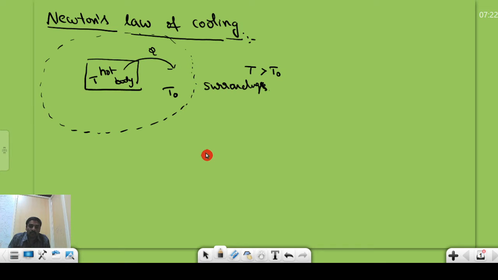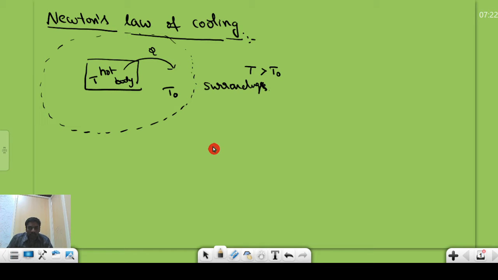That is the observation we make in daily life. How much the temperature decreases with respect to time, and what the dependence on the surrounding temperature is, Newton gave a theoretical explanation, and he also derived a mathematical equation to find the temperature of the body at a particular time.